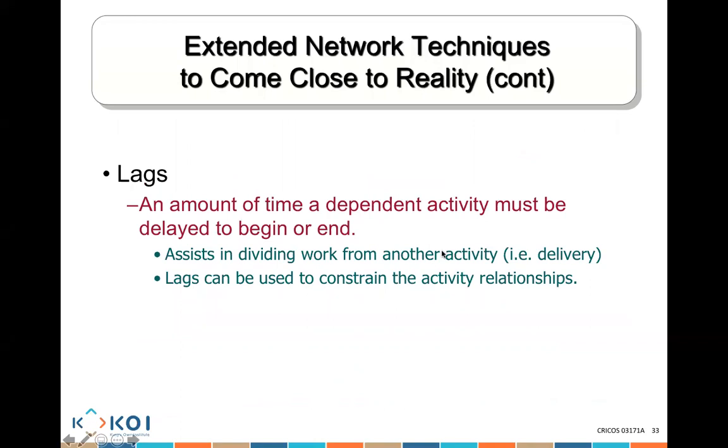There are also lags, which mean sometimes an activity could start after a certain delay. For example, I might say activity B could only start 2 days after activity A has been completed. This is what we call a lag of 2 days. So you don't need to start the activities straight after one finishes. You can have a delay before the next activity starts.